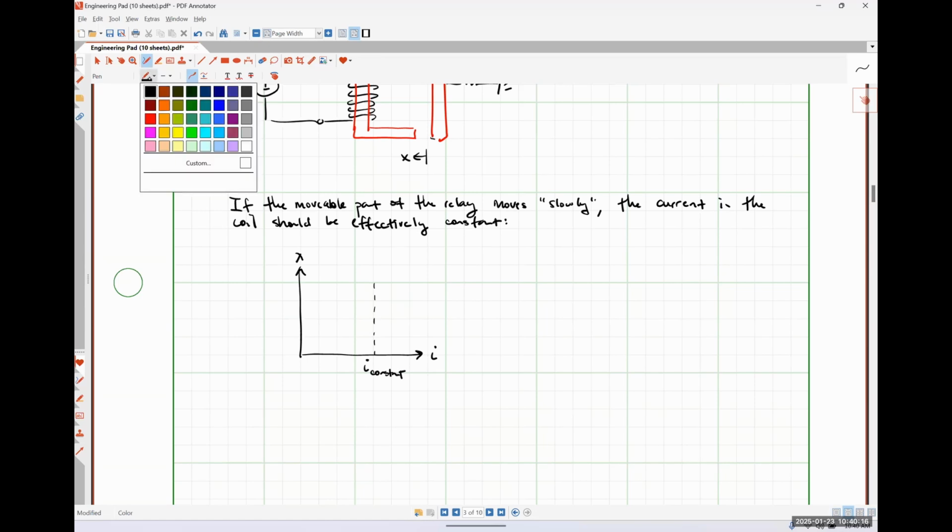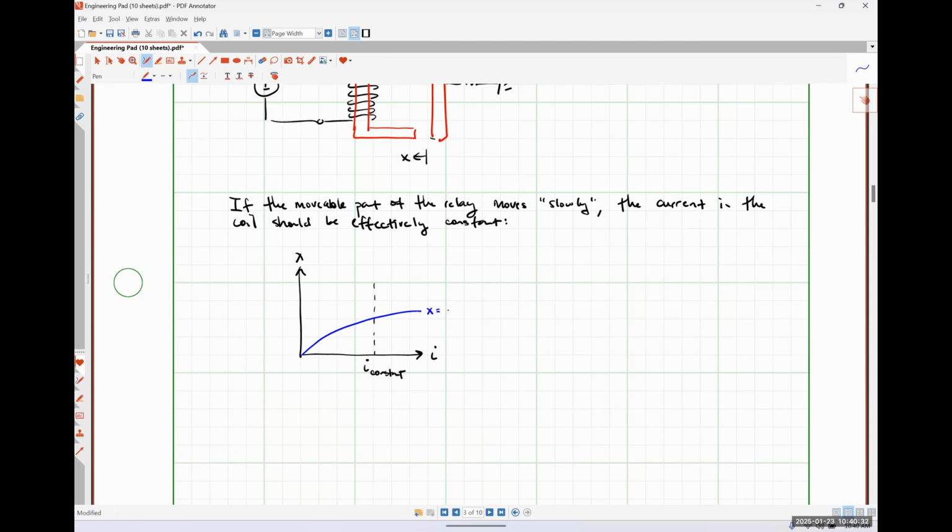For our original air gap length, our curve might look something like this, where this corresponds to an air gap length of x equals x1, and where that intersected, we have some flux linkage 1.